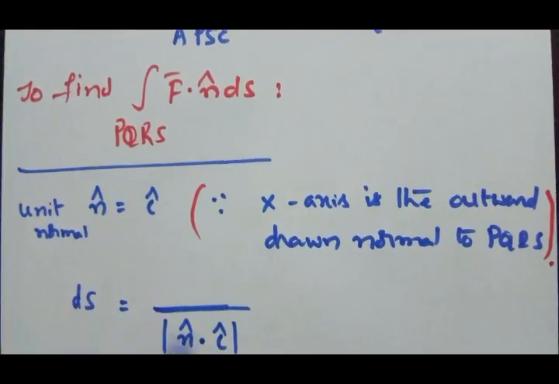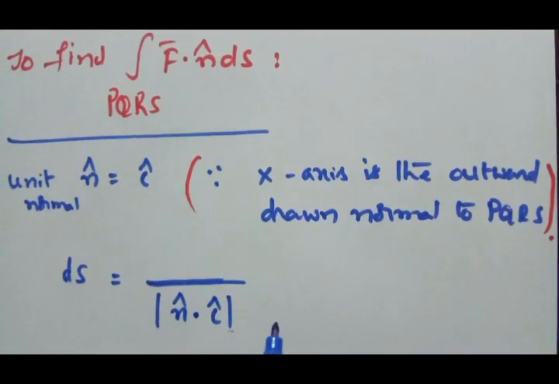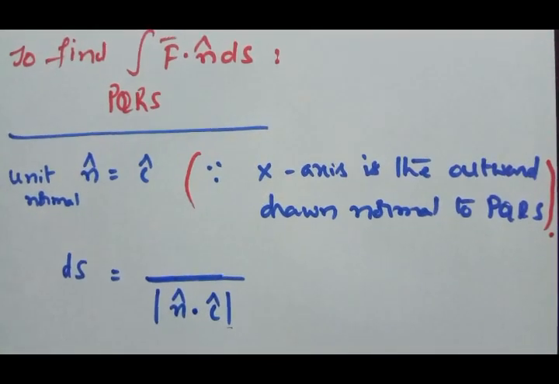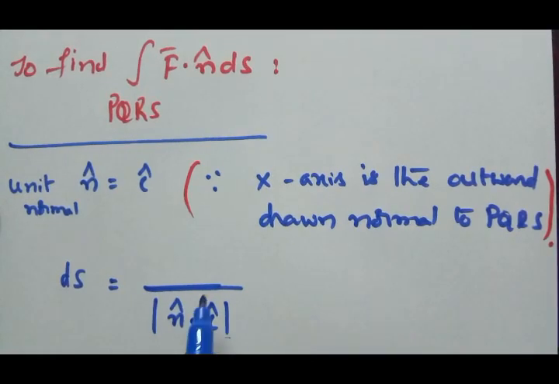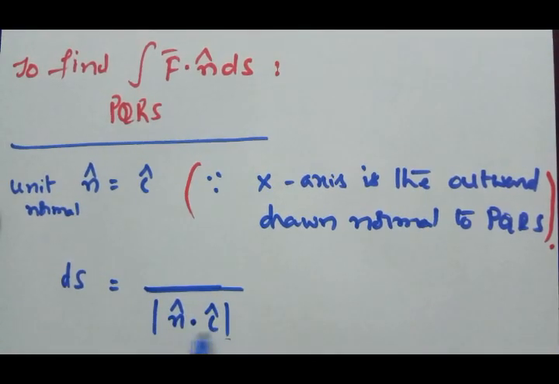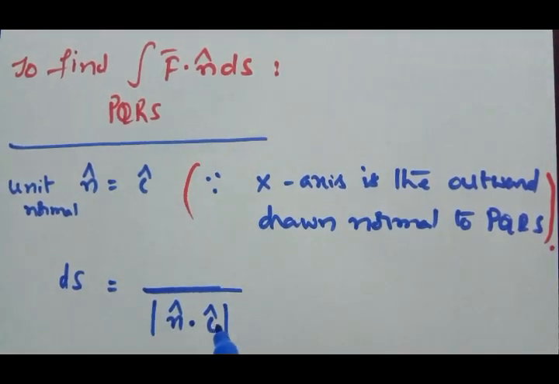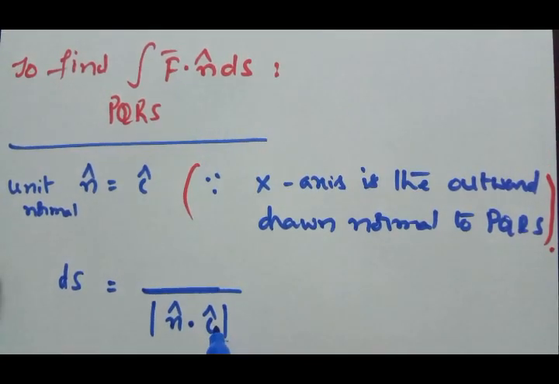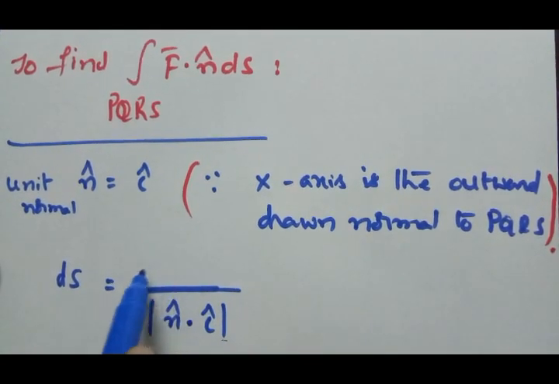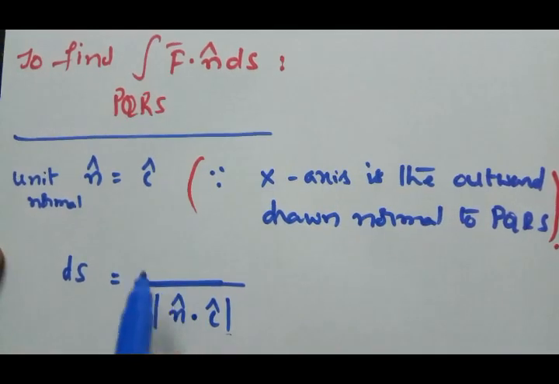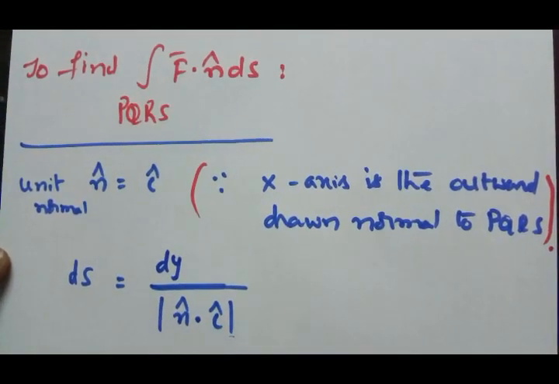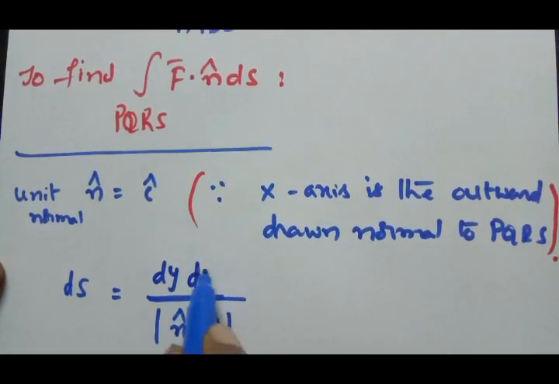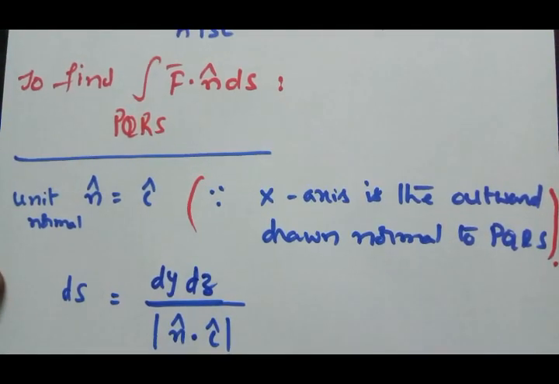So therefore ds tends to infinity, that is a contradiction. So ds can never be infinity. So therefore this is the combination. So i cap is the unit vector along the x-axis, which is perpendicular to the plane yz, dy and dz.